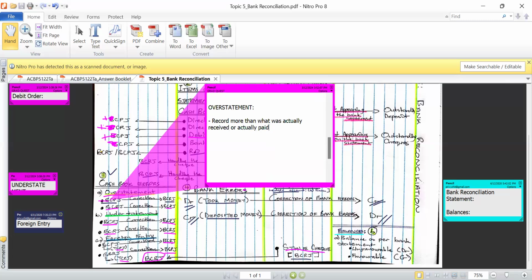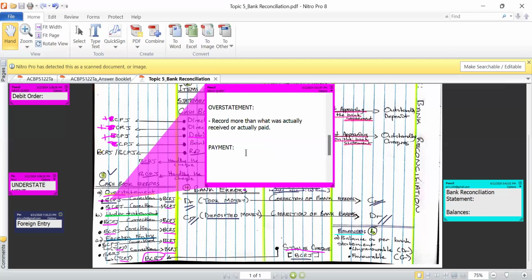So let's start with the part where it's a payment. So it's an overpayment. The overstatement is a case of a payment.